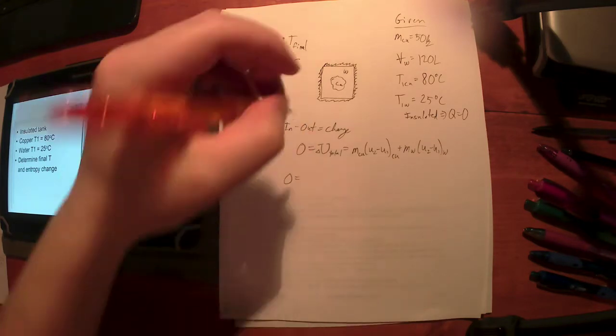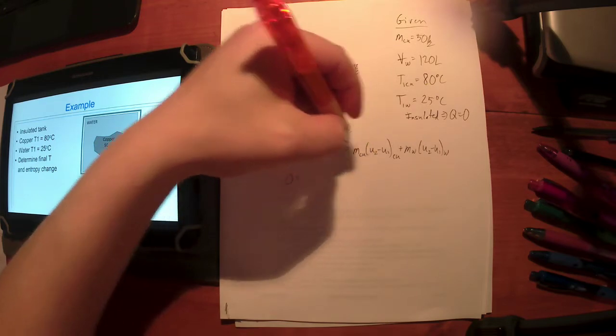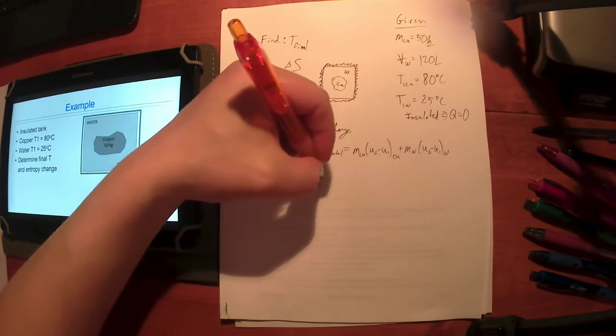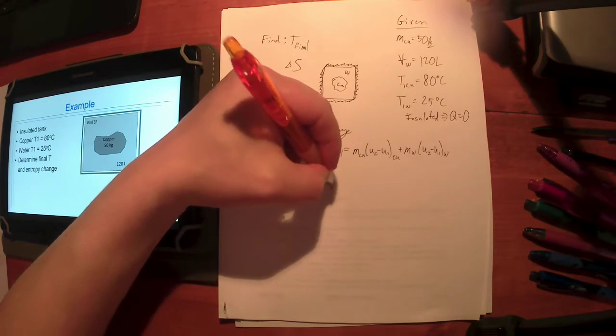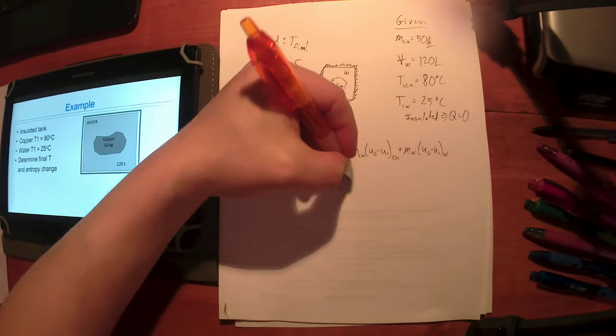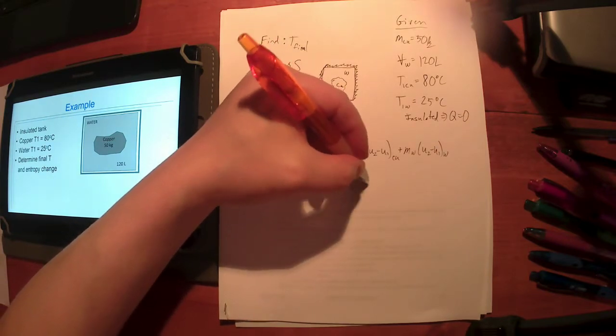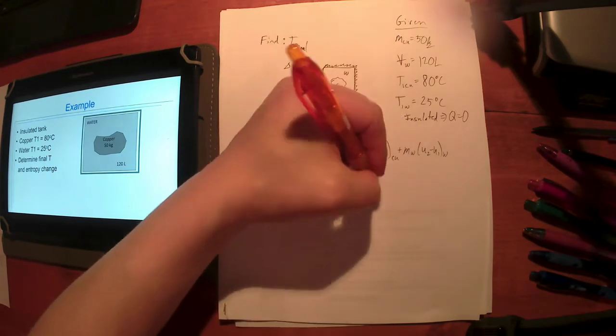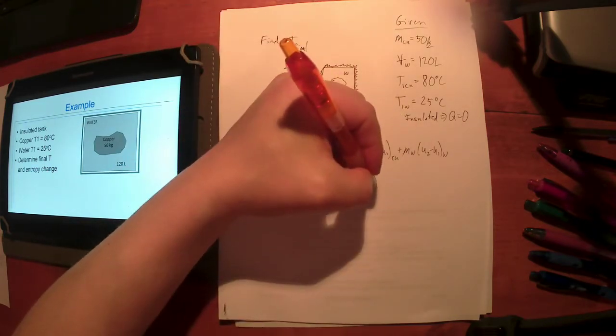Well, let's see. I can use specific heats to find those. So I can say the mass of the copper times the specific heat of the copper. Again, our text uses C sub P for solids and liquids. That's T2 minus T1 of the copper.